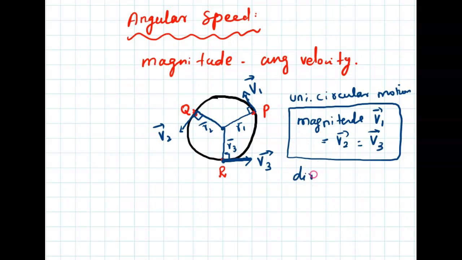But the direction of v1 is not equal to v2, is not equal to v3 in uniform circular motion.